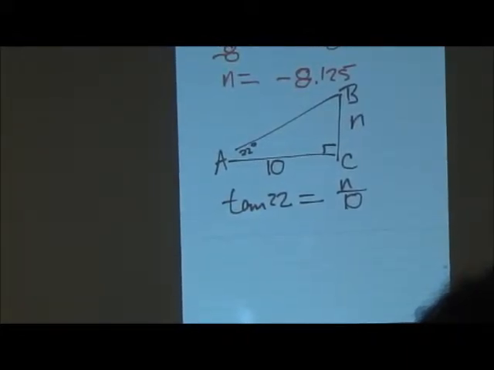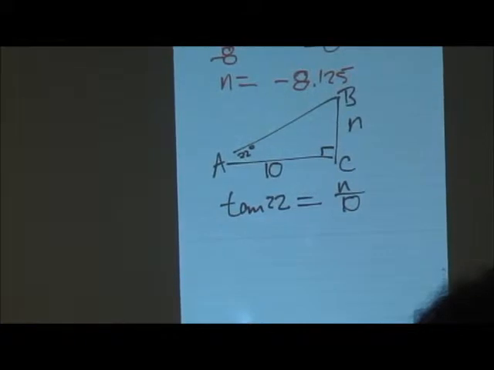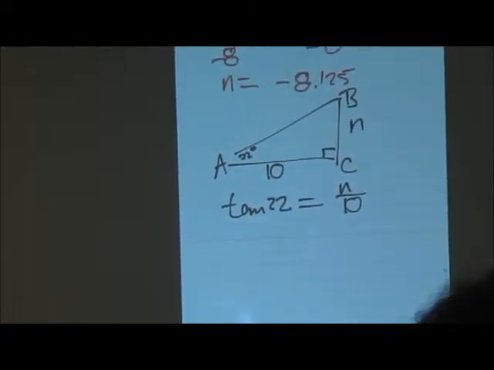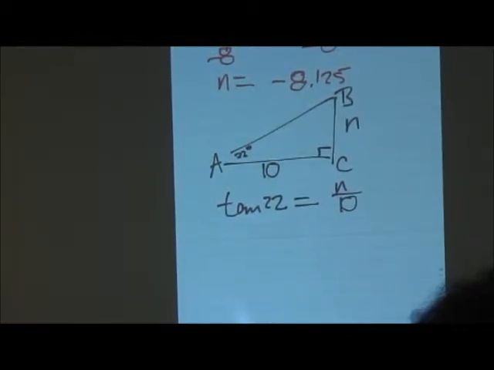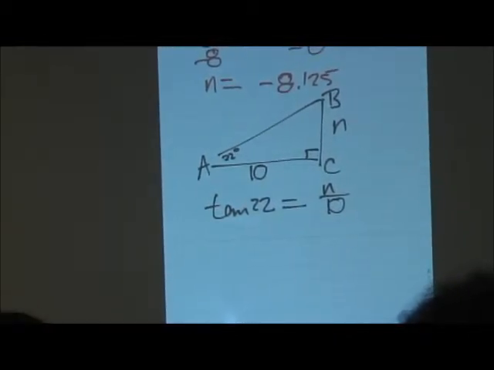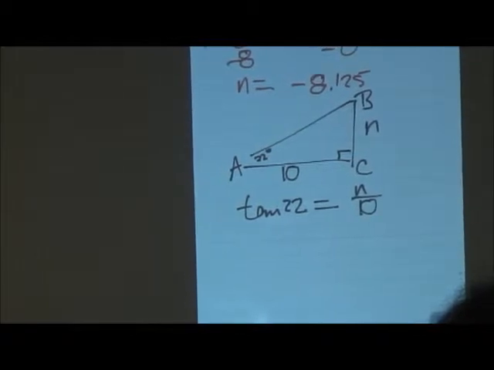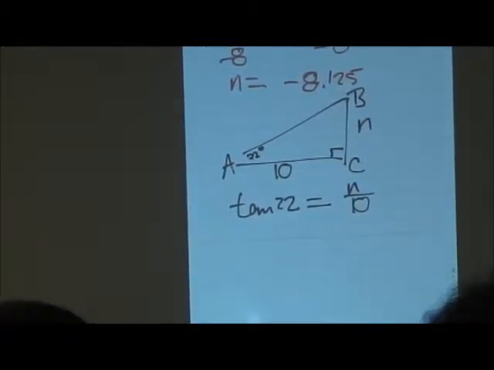Now, we also have to make sure that, hit mode key and make sure that you're not in radians, but you're in degrees. So highlight degrees and hit enter. And then let's get out of that. Hit tangent of 22.